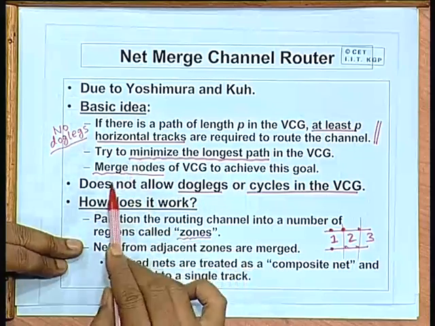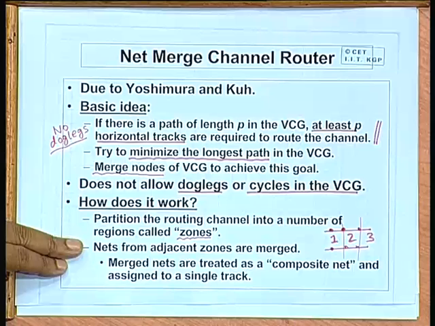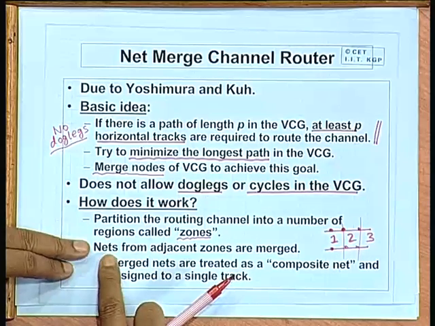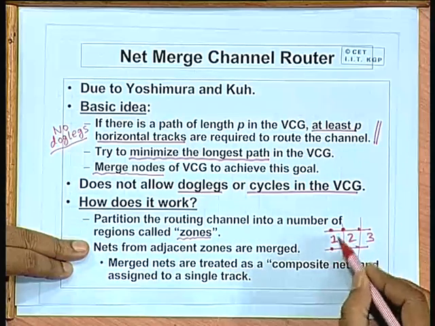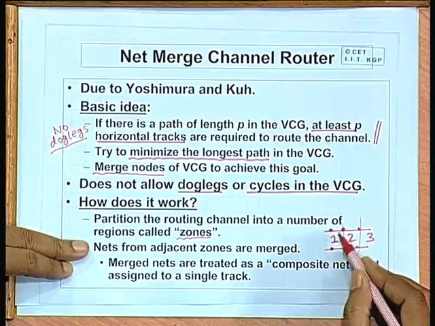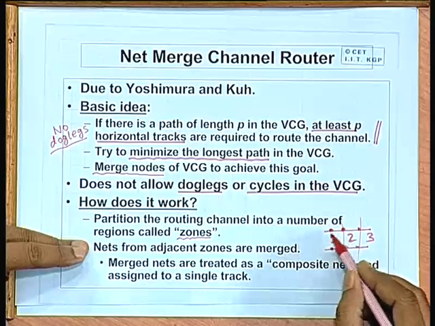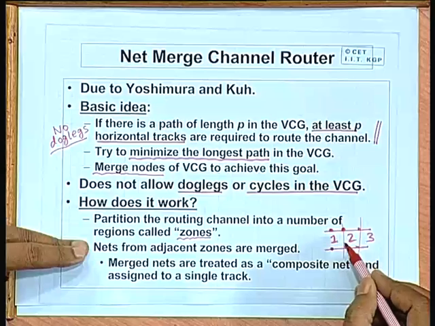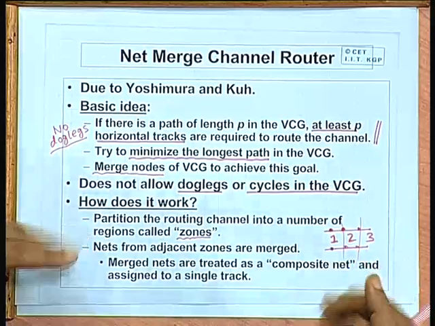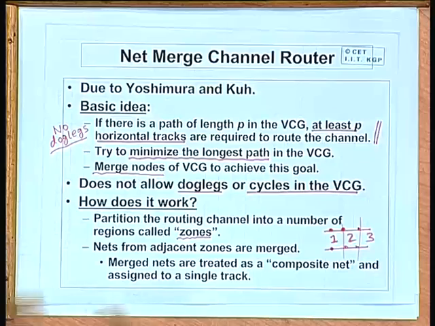And when we are merging nets, we cannot merge two nets which belong to the same zone, because that will lead to a horizontal constraint. Nets belong to the same zone if there is a horizontal constraint between them, that is, their left edges and right edges, or the spans, overlap.